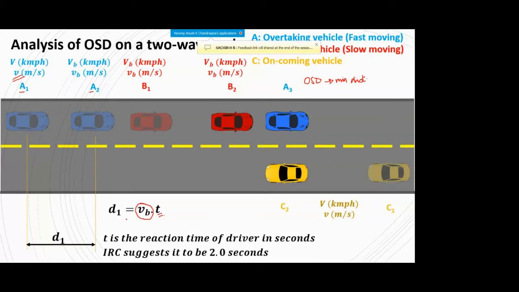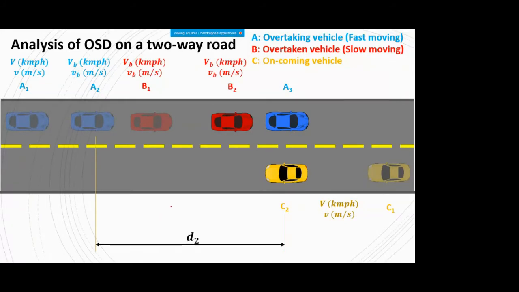If I use VB, my D1 will be less compared to using design speed V, where my D1 will be more. We are calculating the minimum distance, OSD, which is the minimum distance visible to the driver. That's why we are considering VB. That can also be one justification for why we are using VB in this formula. So that's the distance D1. It's pretty much straightforward.